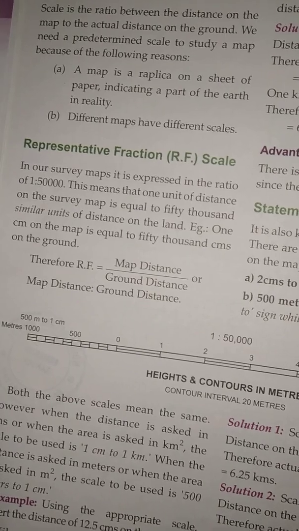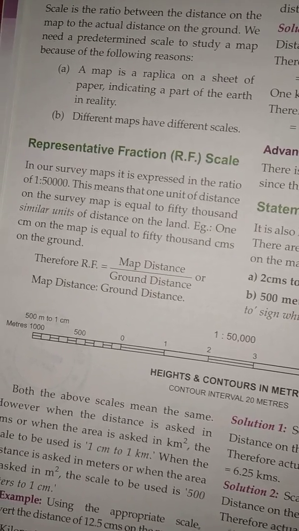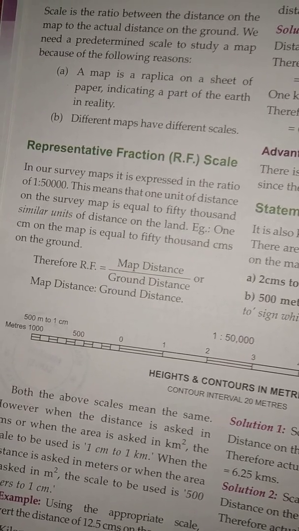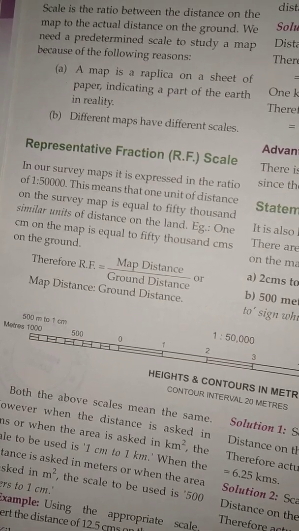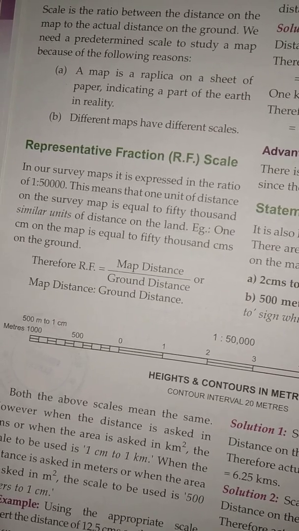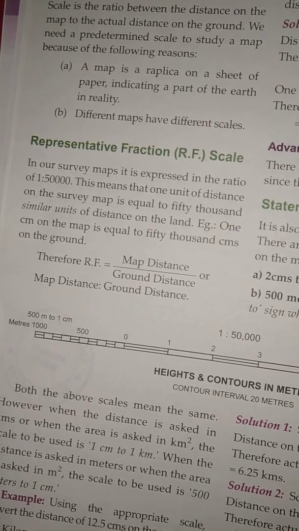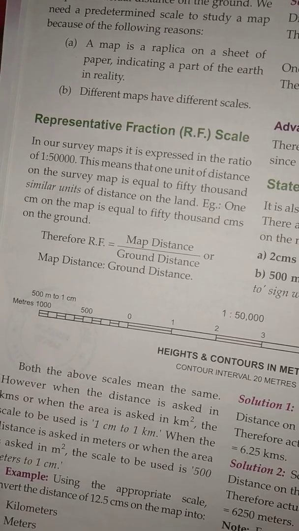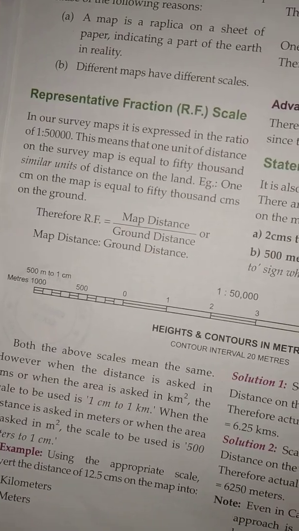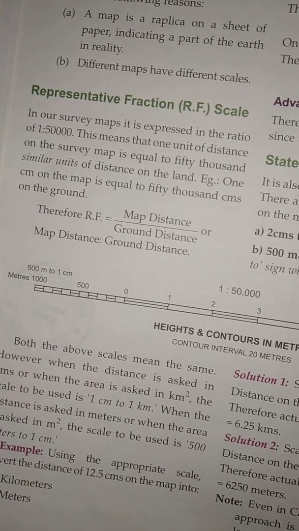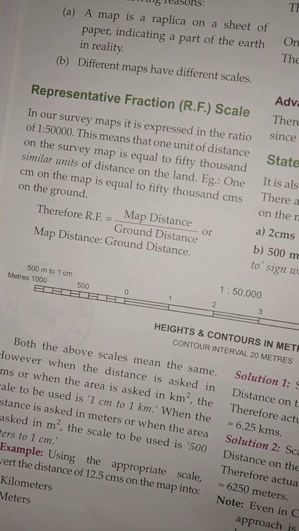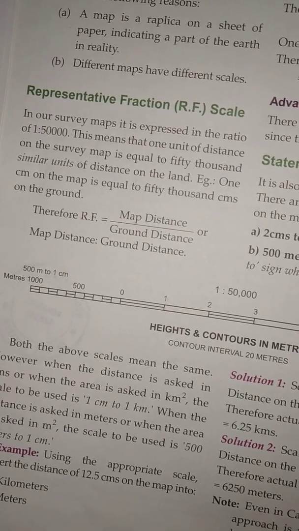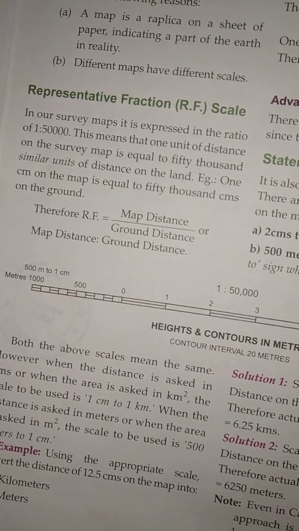It is for our convenience. If we are using centimeter, it will be 1 centimeter is to 50,000 centimeter. And the good thing about representative fraction is that it can be changed into other scales also. 1 centimeter on the map is equal to 50,000 centimeter on the ground. This is how we can use it. Therefore, RF, that is representative fraction, is equal to map distance divided by ground distance, or map distance is to ground distance.